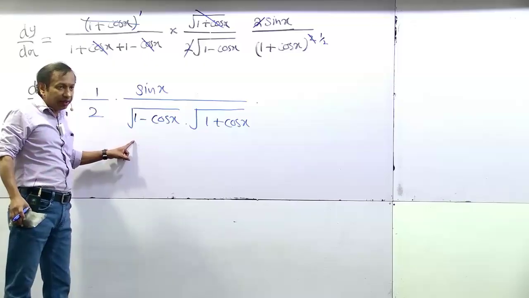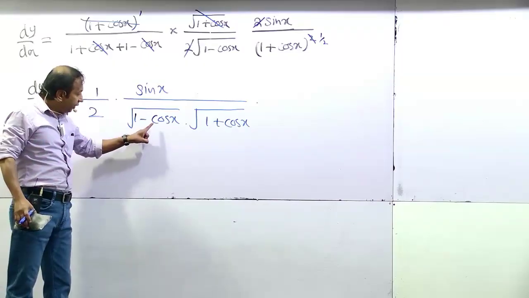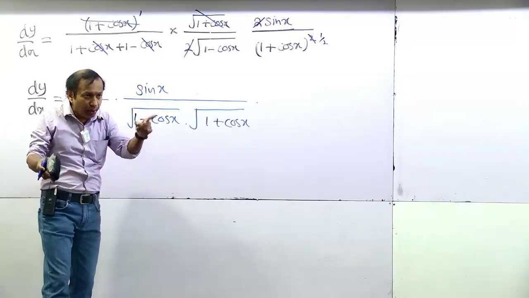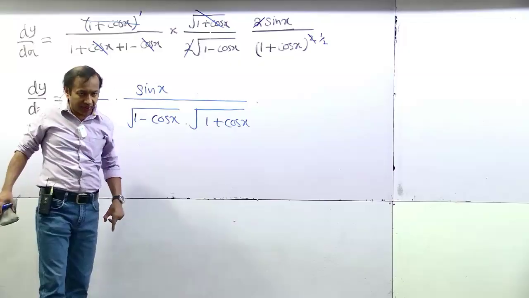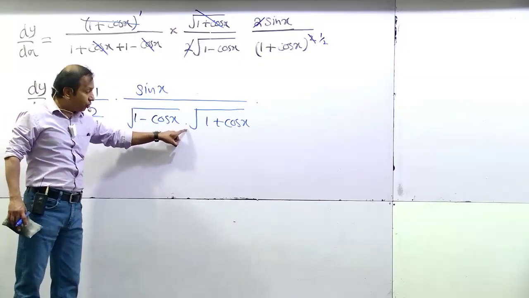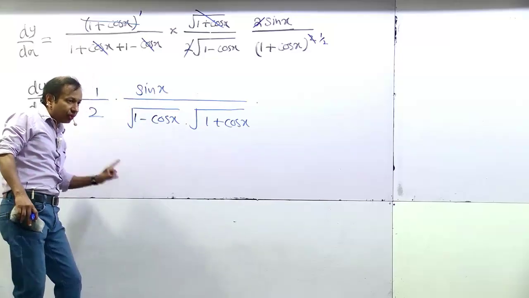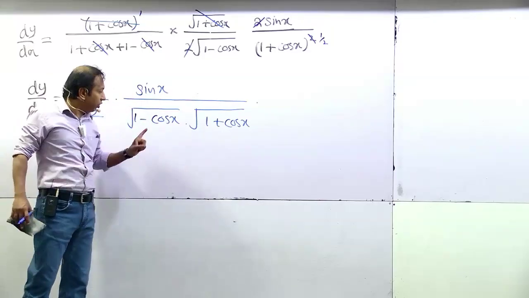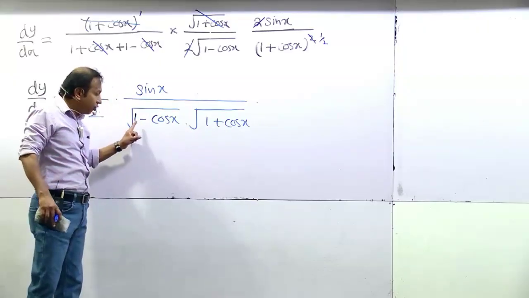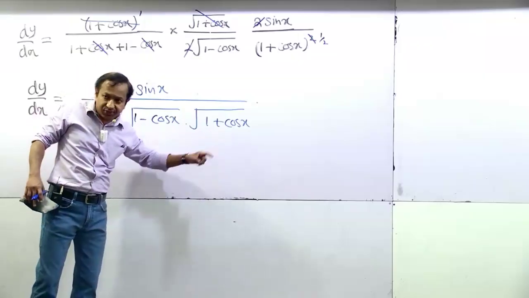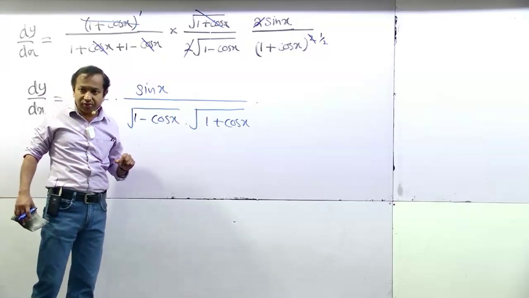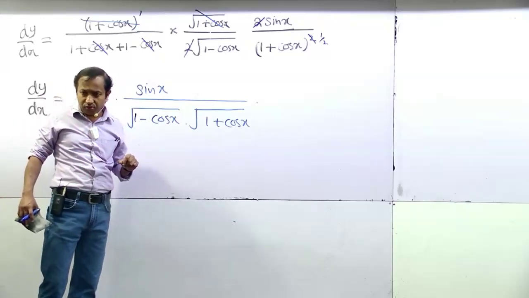This product I can write in this 1 minus cos 6 and 1 plus cos 6 as product, put in 1 root for them all. Am I correct? Then tell me what you get there. This root and this root we put as one single root. Inside the root we multiply 1 minus cos 6 and 1 plus cos 6. Tell me what we get when you multiply 1 minus cos 6 and 1 plus cos 6? 1 minus sin squared x. Yes or no?